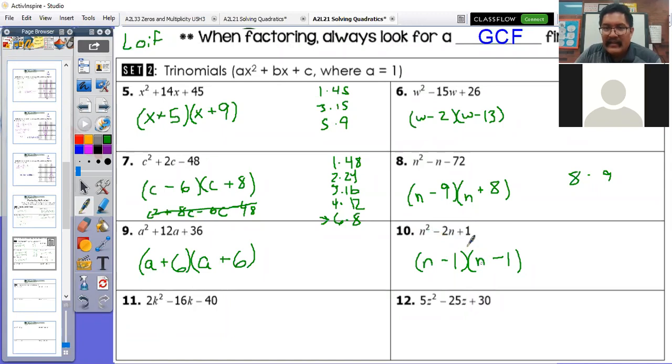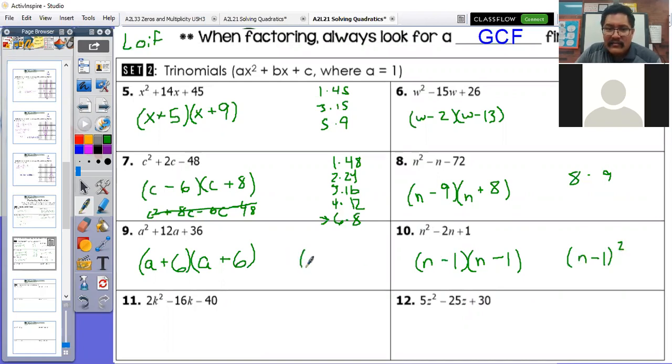And we just put our A value in, and that's why it says where A equals 1, right here. Because if you have a value of 1 or no number in front, this method works really, really well. It's one of the faster methods.